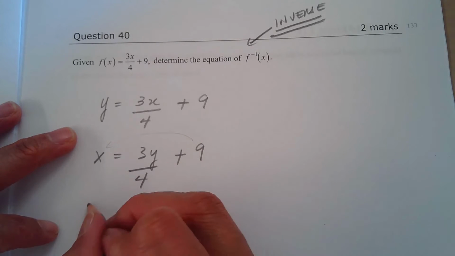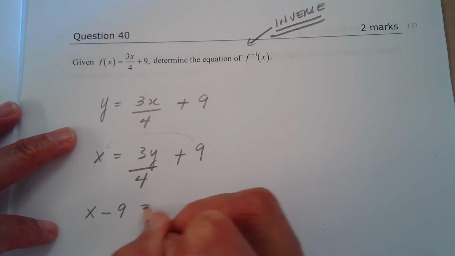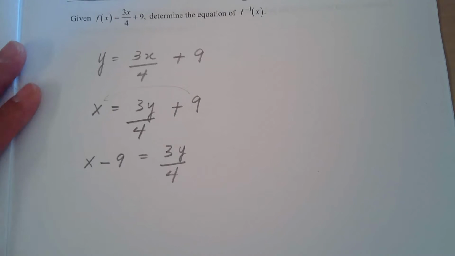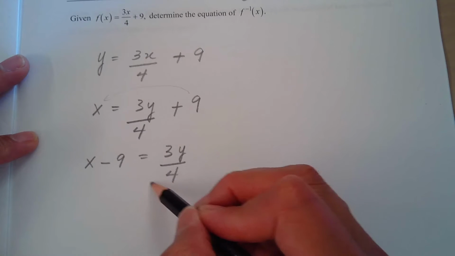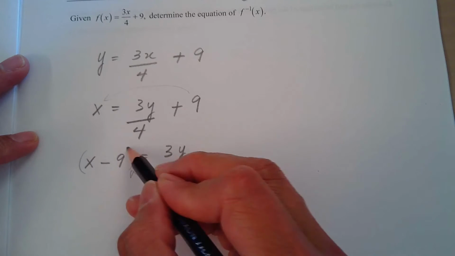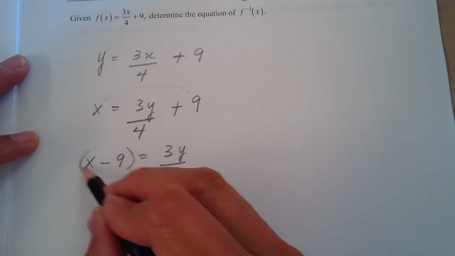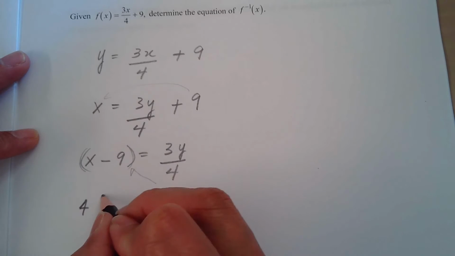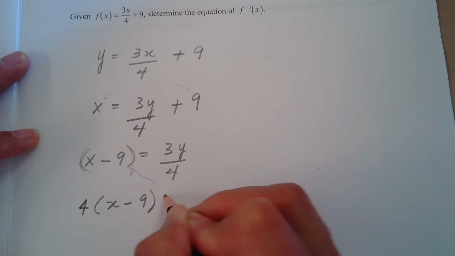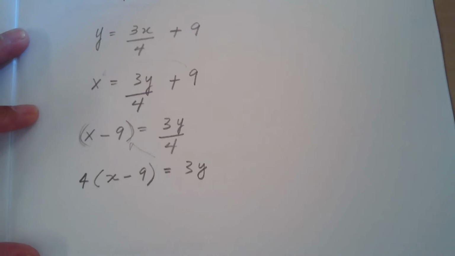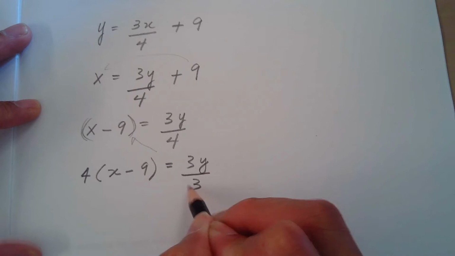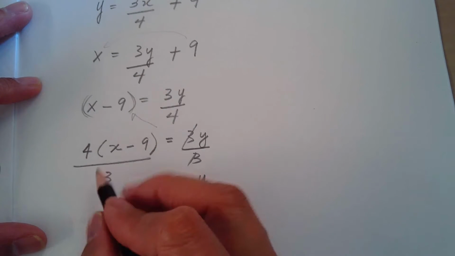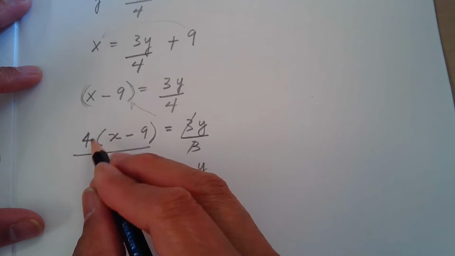Bring the 9 over to the other side. It's going to be x minus 9 equals 3 times y over 4. And then what are we going to do next? We're going to cross multiply. Okay, I have to make sure that I'm multiplying everything in here, so I need to have a bracket. So 4 times x minus 9 equals 3y. And then finally divide by 3. So y is equal to 4.